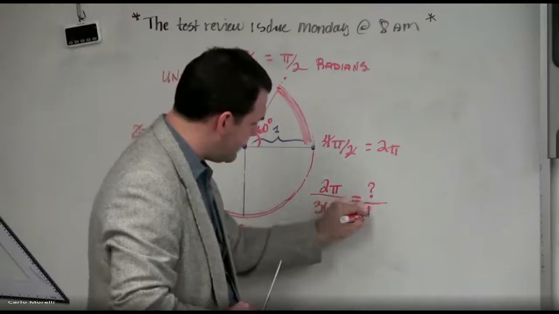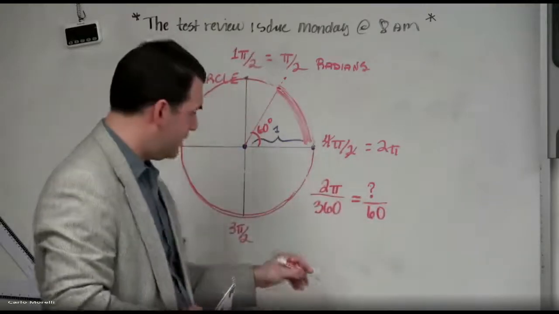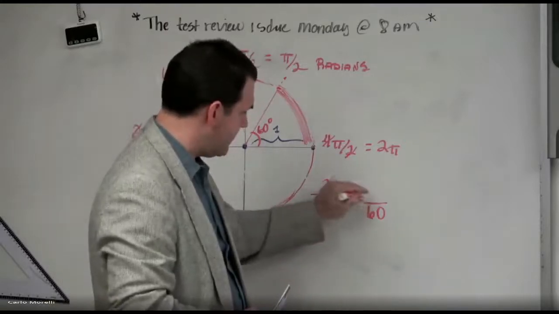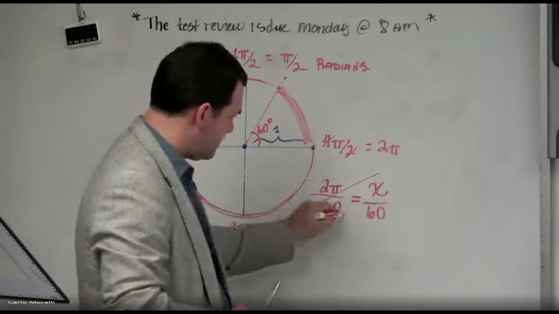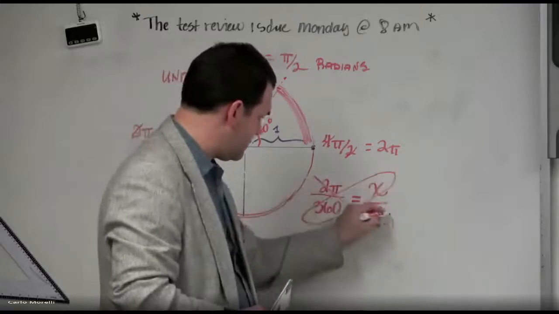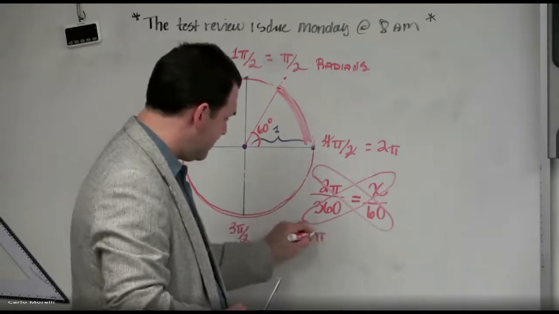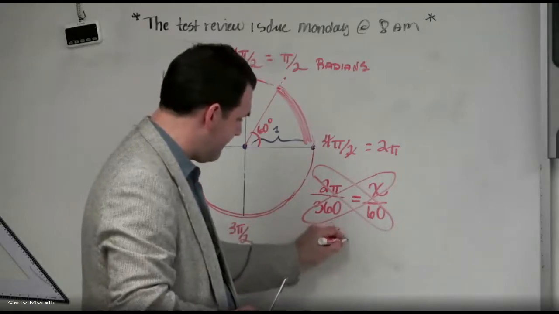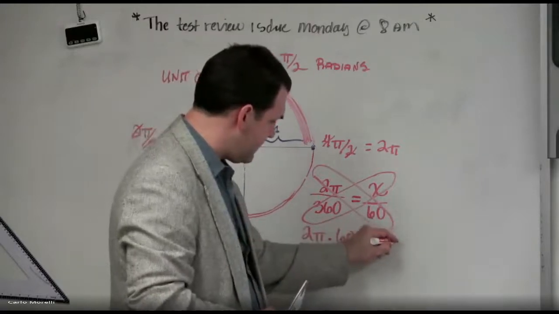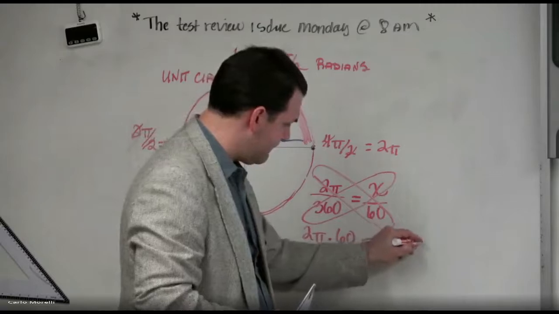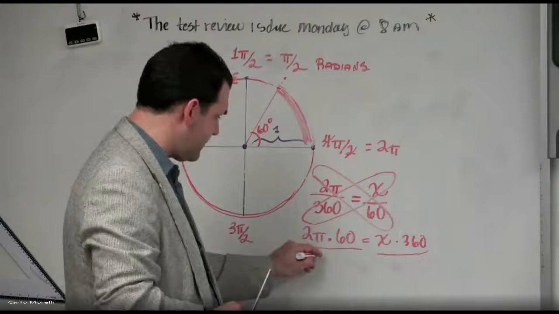So we can put 60 degrees down here, and it becomes a butterfly thing, all right? So think of this like x. So we have 2 pi times 60 equals x times 360. We'll divide both sides by 360.